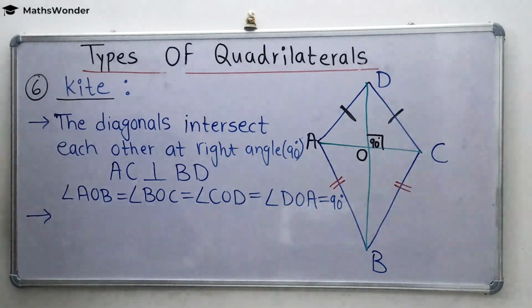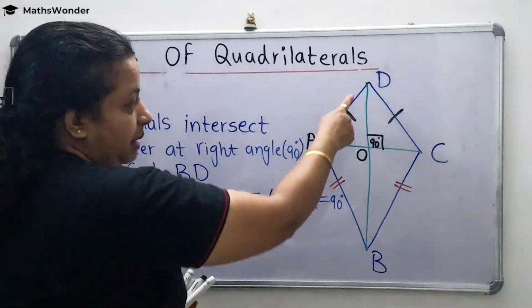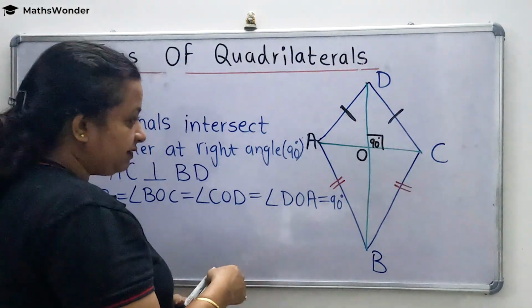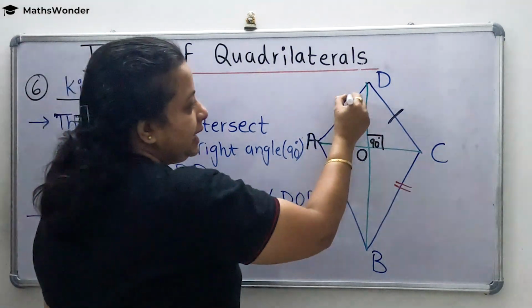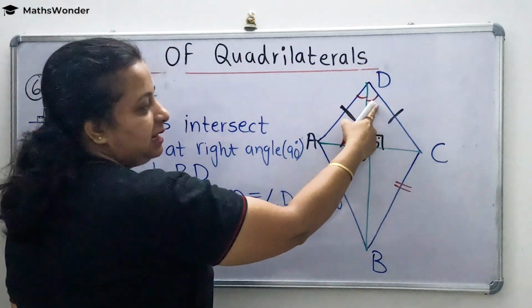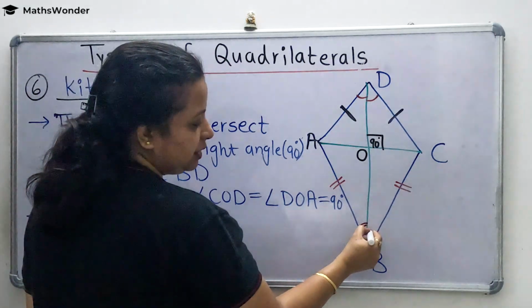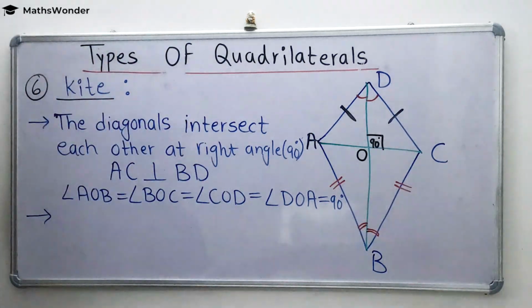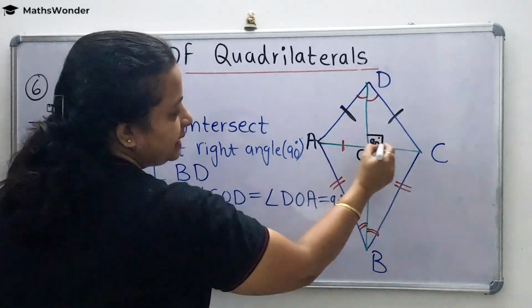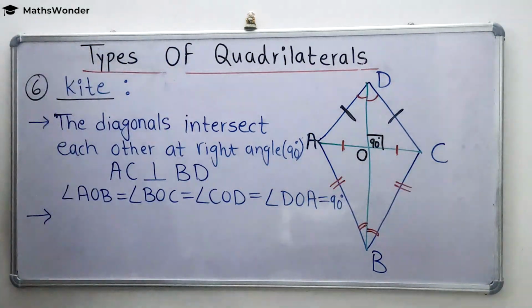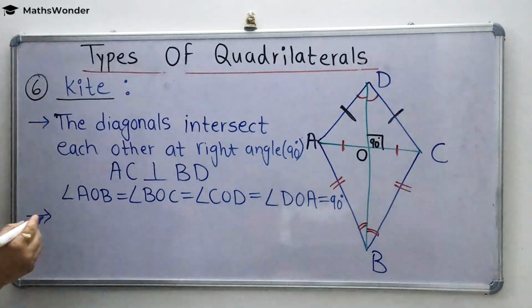Diagonal BD bisects angle B as well as angle D. So basically when you bisect these two angles, they will give equal angles. This angle will be equal with this, and this angle equal with this angle. This is one property. If you want, you can write it. The other is this side is equal to this side.